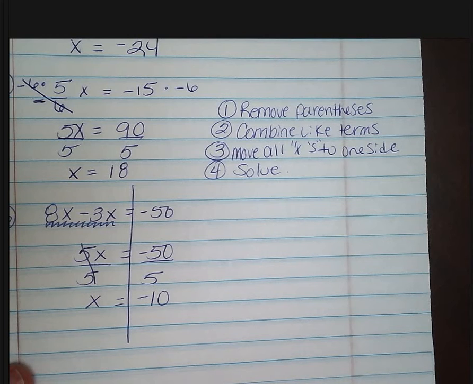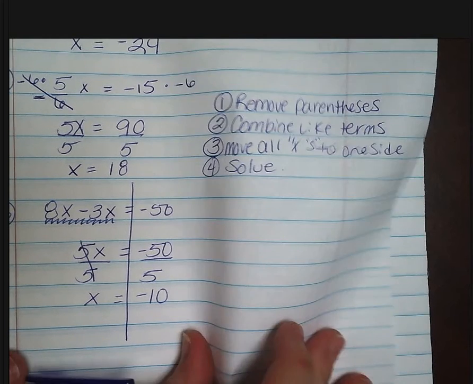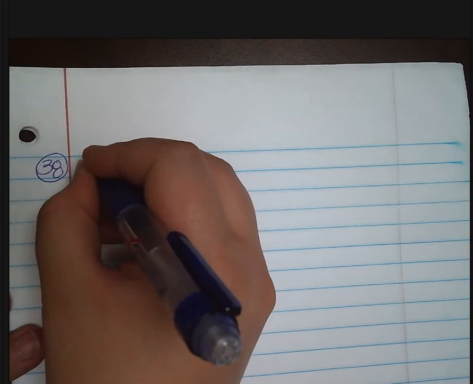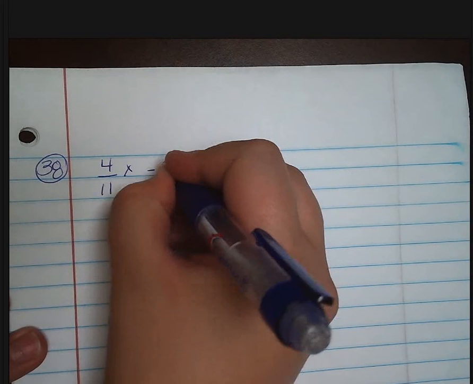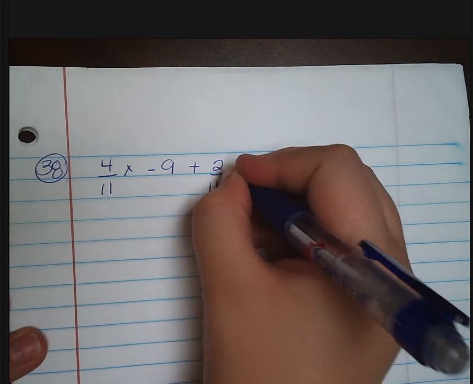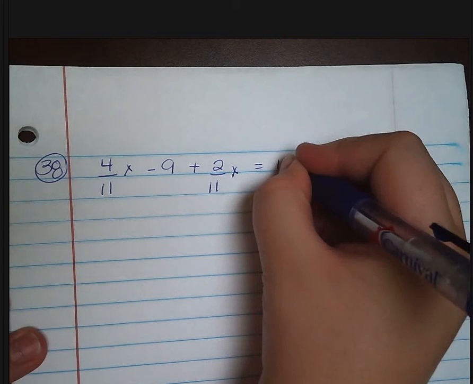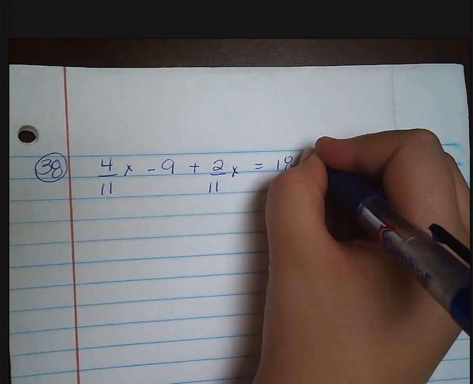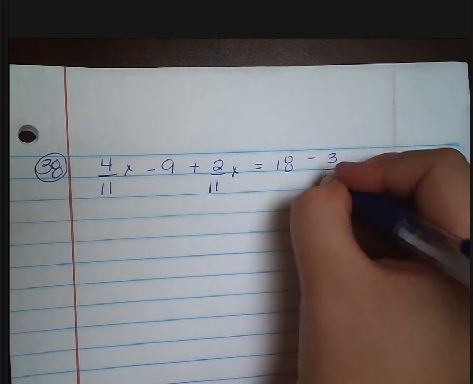Okay. All right, problem number 38 looks fun. For problem number 38, we have 4 over 11x minus 9 plus 2 over 11x equals 18 minus 3 over 11x.